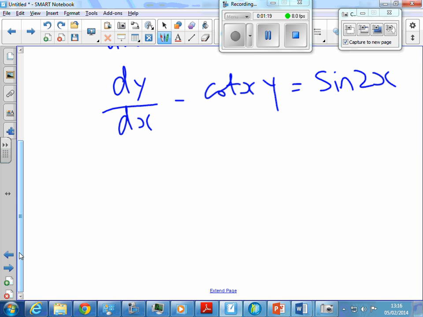Now the integrating factor, let me remind you, is equal to e to the integral of P dx.